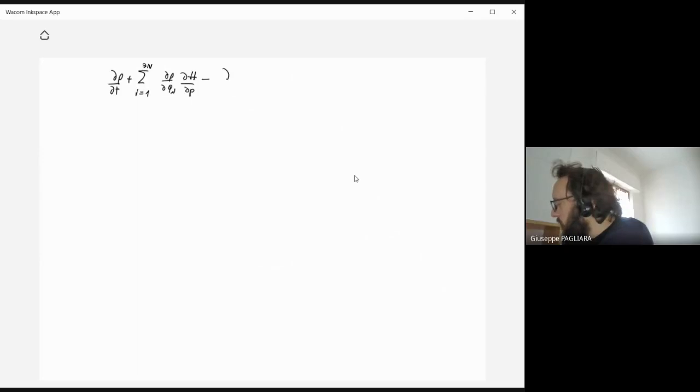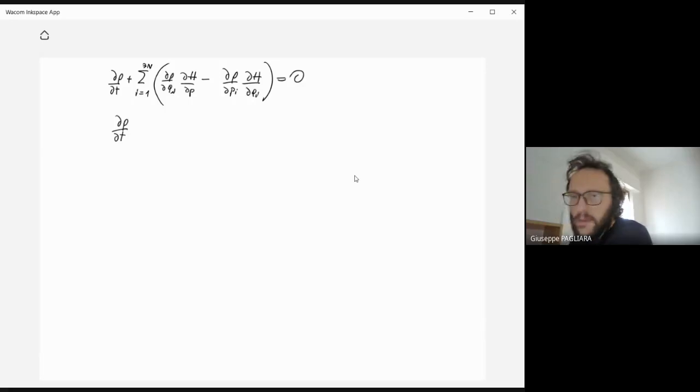Then I have a minus derivative of rho with respect to pi times the derivative of h with respect to qi. This is equal to 0. Now, in a more elegant way, this is the partial derivative of rho with respect to time plus the Poisson bracket of rho and h.